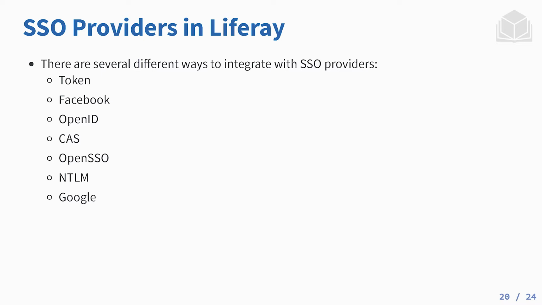And we have Facebook sign-on, OpenID, CAS as one of the systems that is commonly installed, OpenSSO in there, NTLM, Google sign-on. So all of these systems are systems that you can find there.